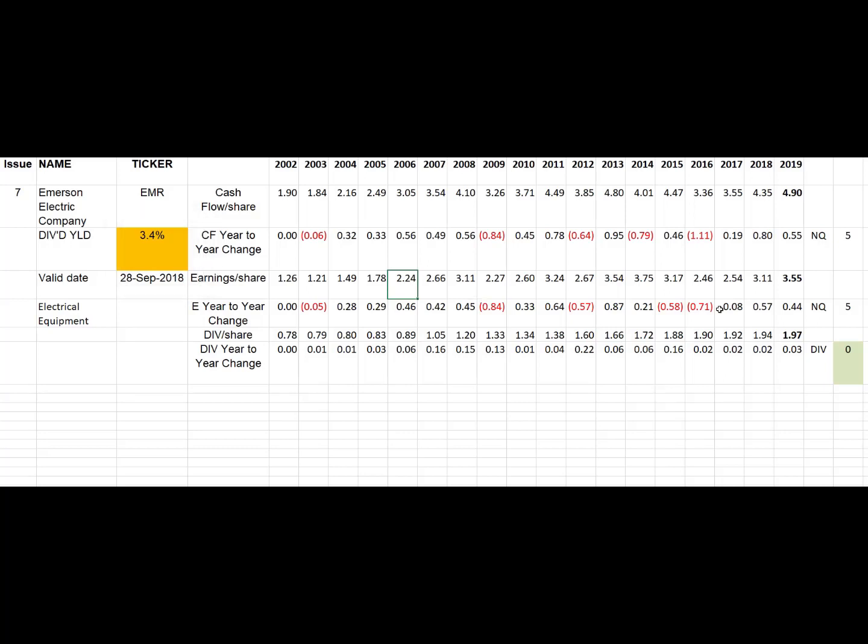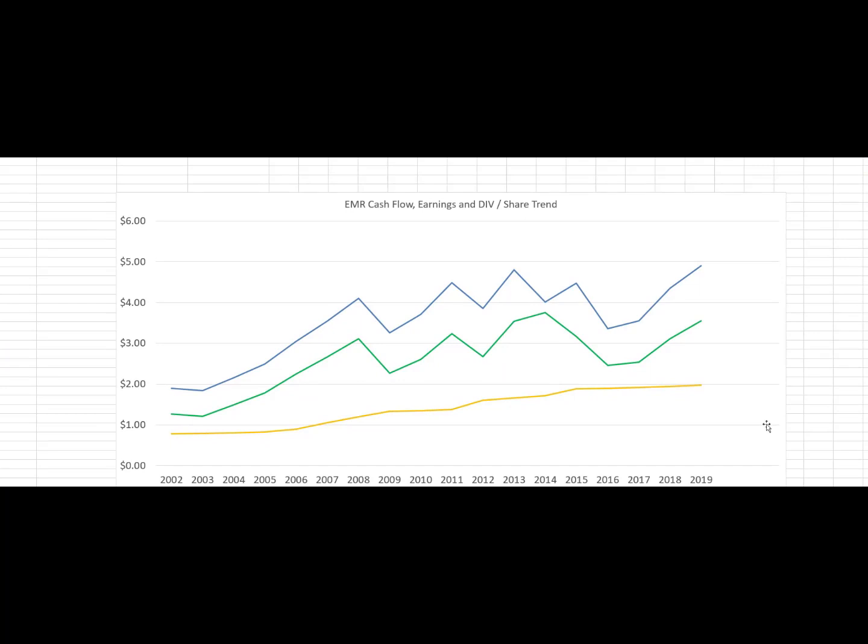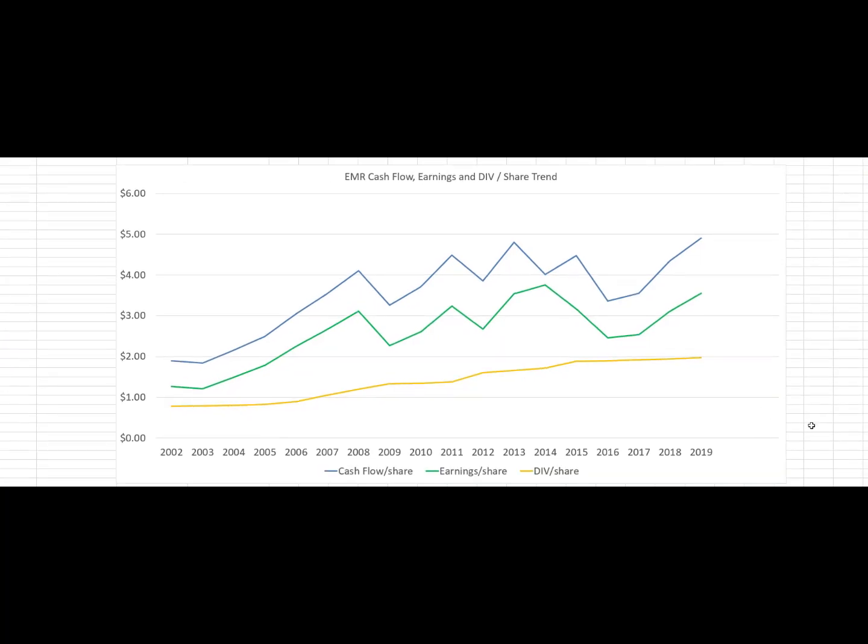You can see that they were not qualified in cash flow or earnings per share, but they are a Div 0, meaning they had 17 years of increasing dividends per share. And you can see that very easily in the Excel, all increasing numbers. Now the other thing that Excel lets us do is satisfy one of our human elements, and that is that we like to see pictures, not just straight numbers.